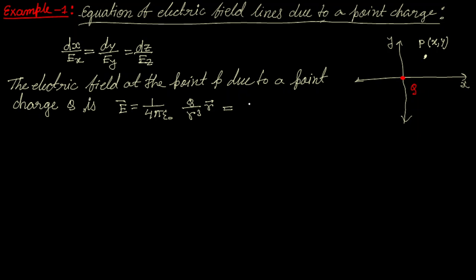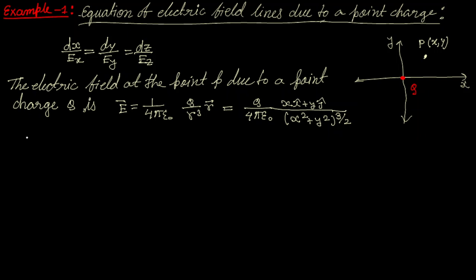So in this case we can write Q divided by 4 pi epsilon naught, and then R vector, which is x i cap plus y j cap, divided by modulus of R cube. So in this case it will be x square plus y square, all to the power 3 by 2.